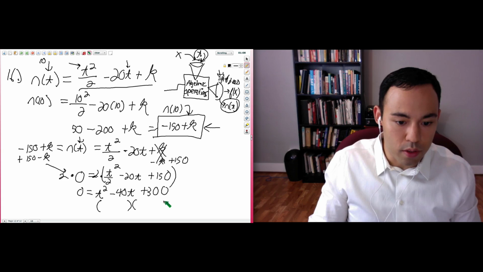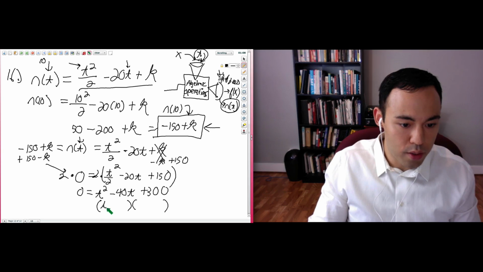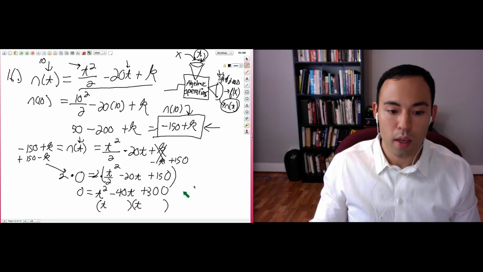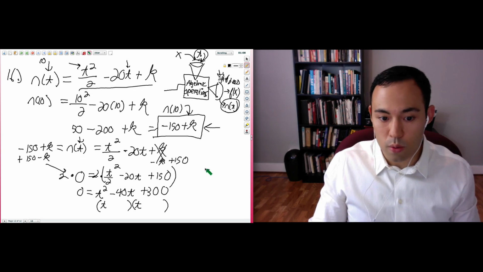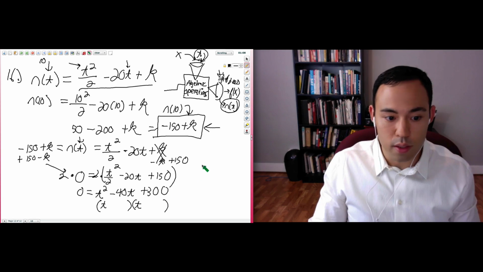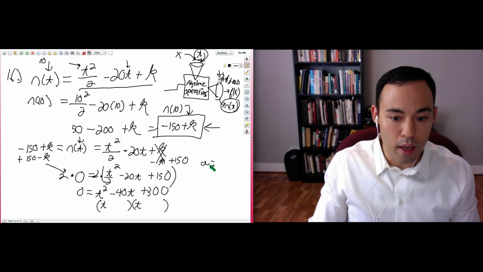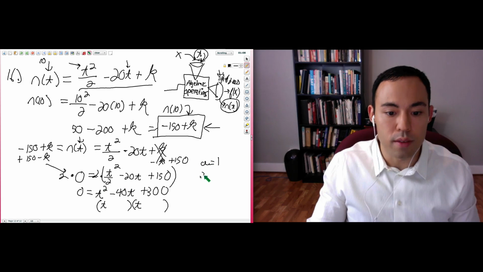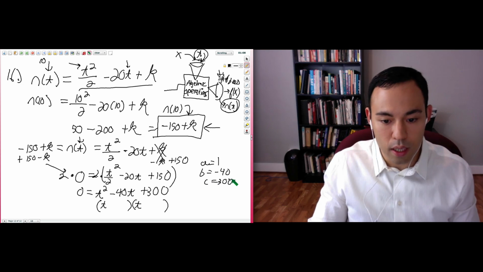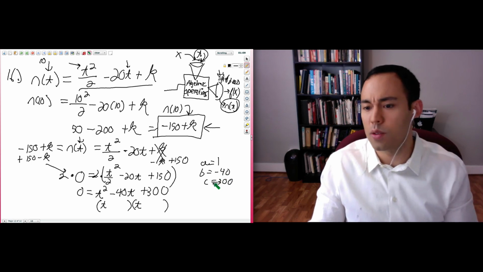And now this is when students ask me, but how do you know easily how to factor this? Well, 2 ways. One, you could just go right to the quadratic equation and plug in a equals leading coefficient 1, b equals negative 40, and c equals 300. And I'll go over that, but that takes too much time.